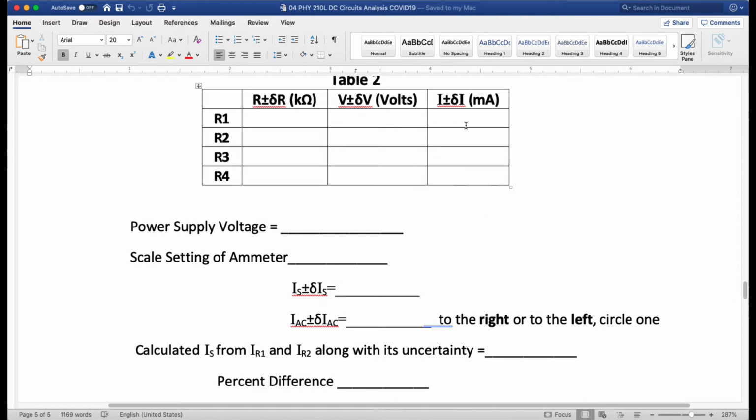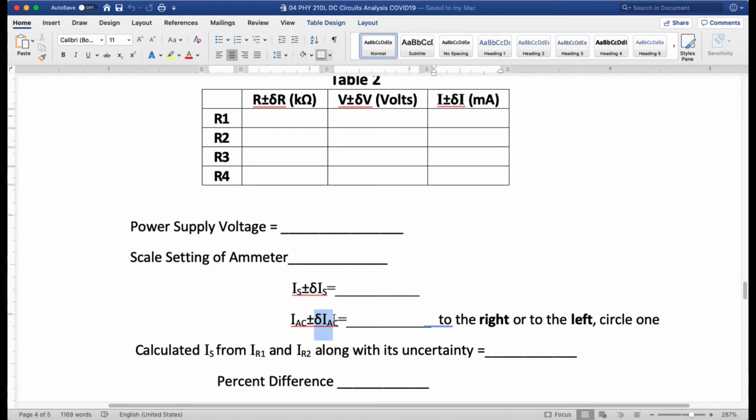So in this table, you're going to calculate IR1 and this uncertainty, IR2 and this uncertainty, IR3 and this uncertainty, and IR4 and this uncertainty. So you're going to calculate all those. You can show your work for one of them. Then you're going to calculate this, show your work for finding IAC and the uncertainty. Okay, so you can show it below.